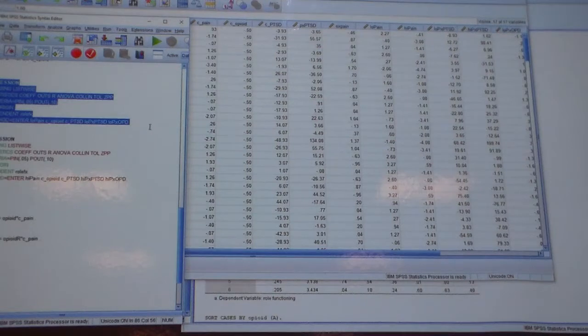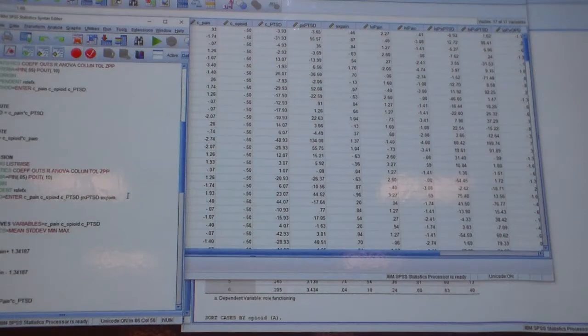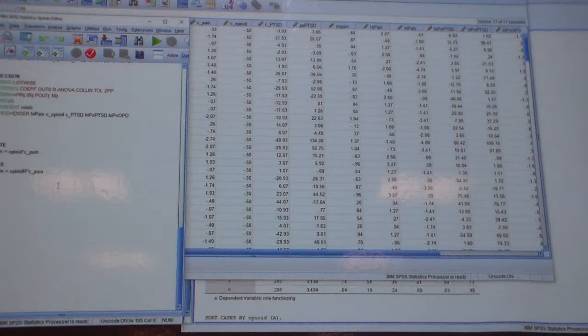But what I can do now is go back up to my base model. Pain is fine because pain is my conditional effect. Opiate use though, I don't want to use my centered opiate variable. I want opiate use coded 0 for no, 1 for yes. And for pain times PTSD, I don't have to worry about that. But then I'm going to substitute my opiate use times pain interaction.